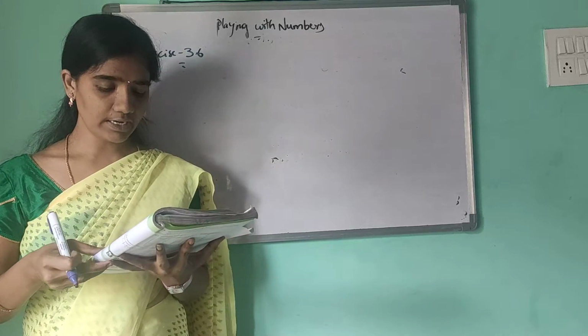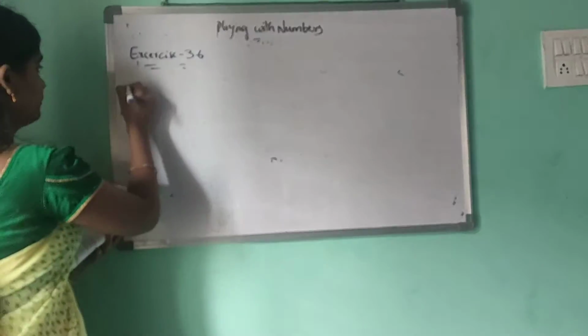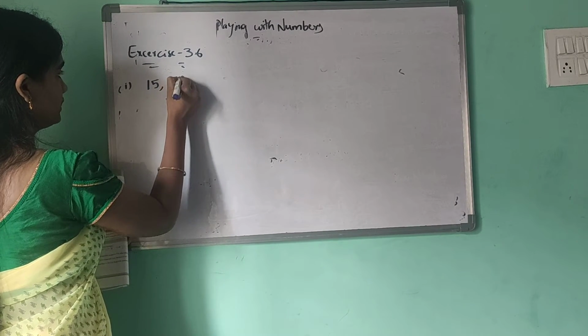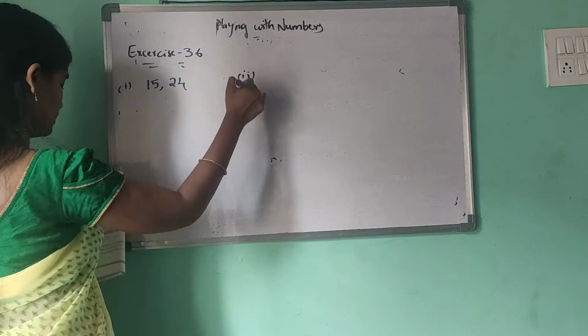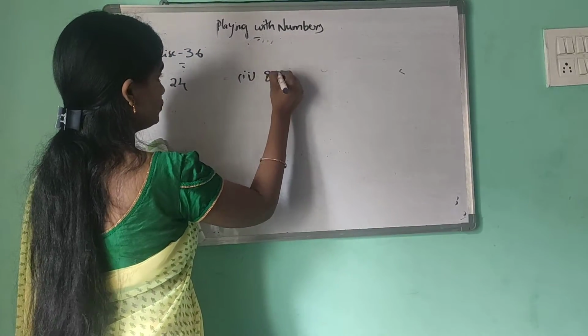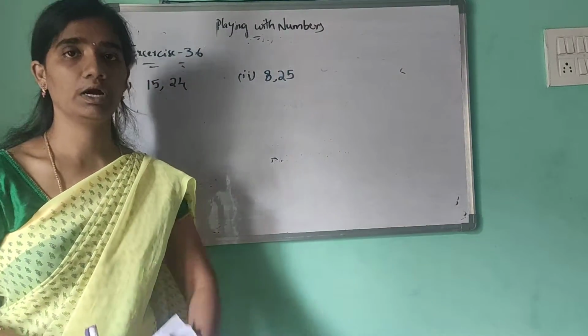First one, find the LCM and HCF of the following numbers: 15 and 24. Coming to the second one, 8 and 25, and also check the relationship.